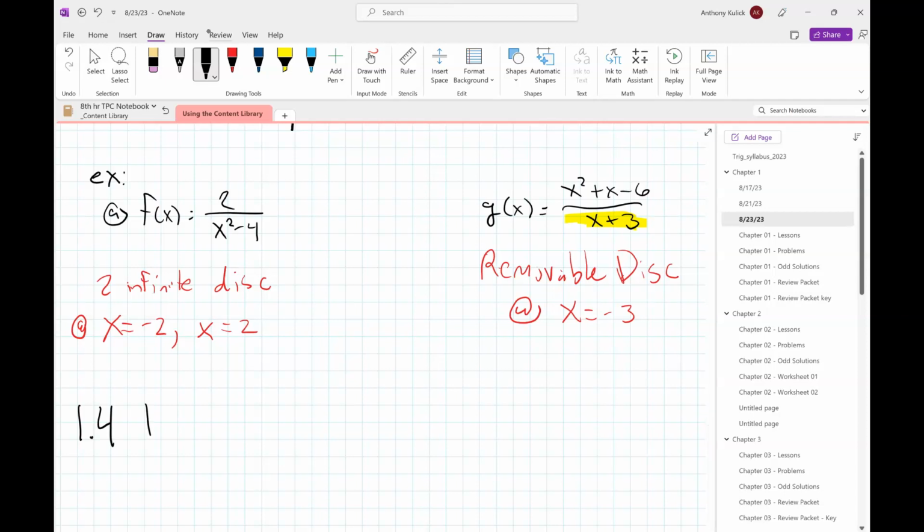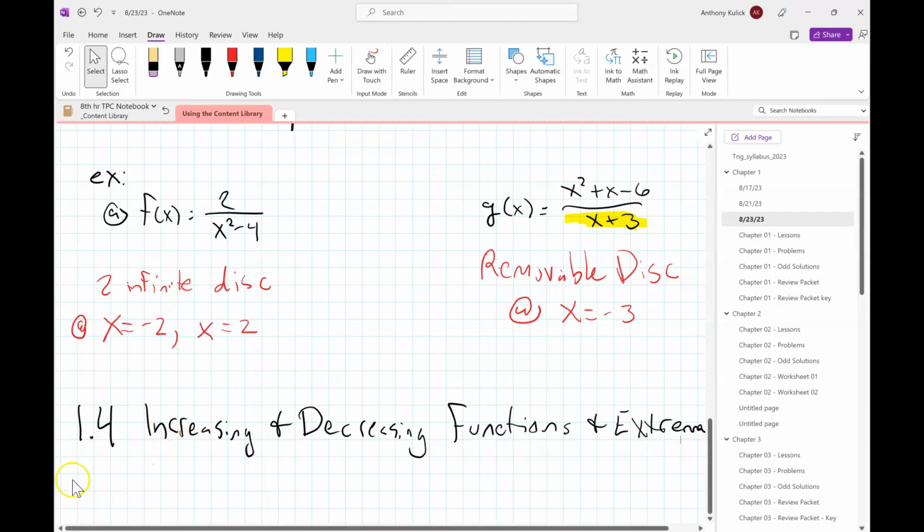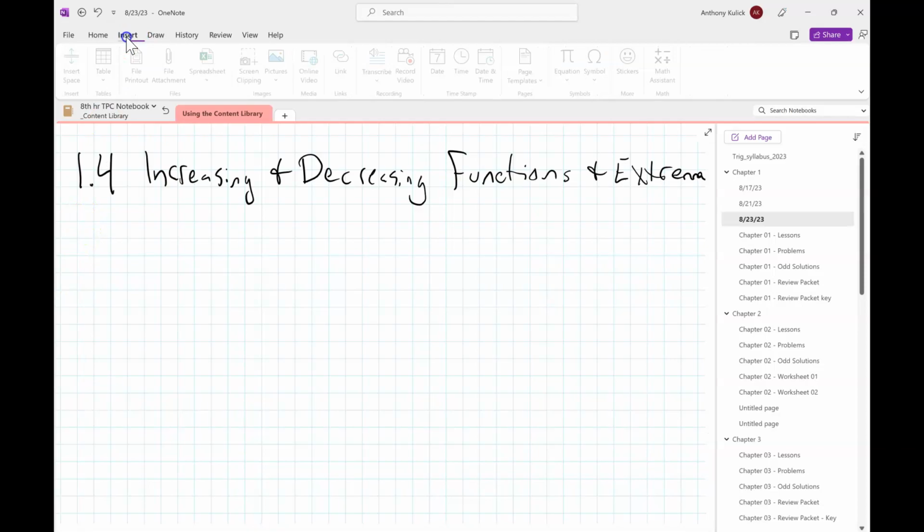Our next section, we're going to talk about increasing and decreasing functions and extrema. So let's start with defining what we mean by increasing and decreasing.